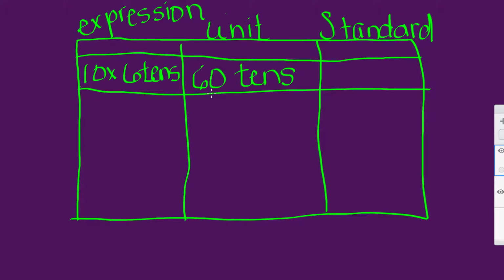Okay, so if I have 60 tens, how many zeros are in 10? 1 zero, so I add a 0 here. So standard form 600. 10 times 6 tens is 600. So in other words, this expression would also mean 10 times 6 tens is 10, 20, 30, 40, 50, 60.